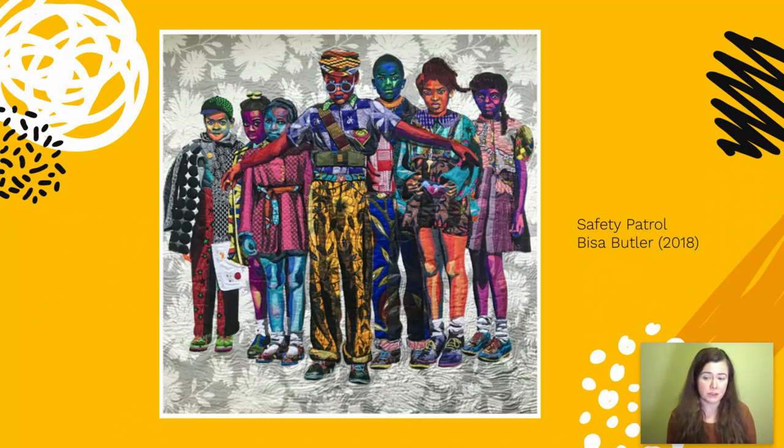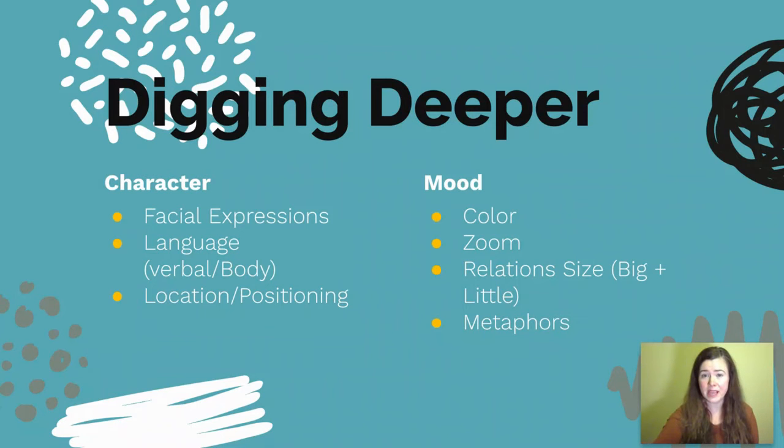Using some of our visual literacy tools that we talked about, let's see if we can dig deeper, understand more about the character by looking at facial expressions, body language, positioning on the piece. Think about mood via color, zoom, relationship sizes, and metaphors.